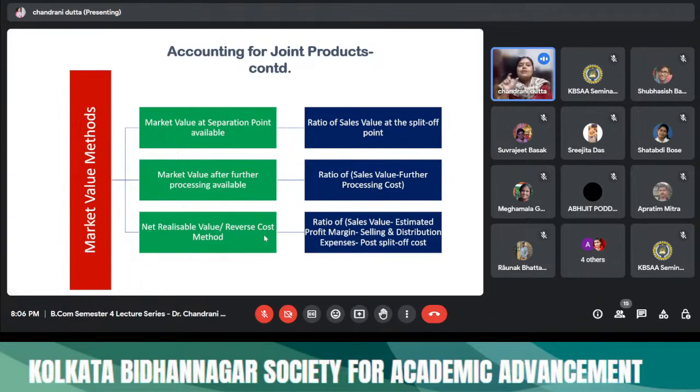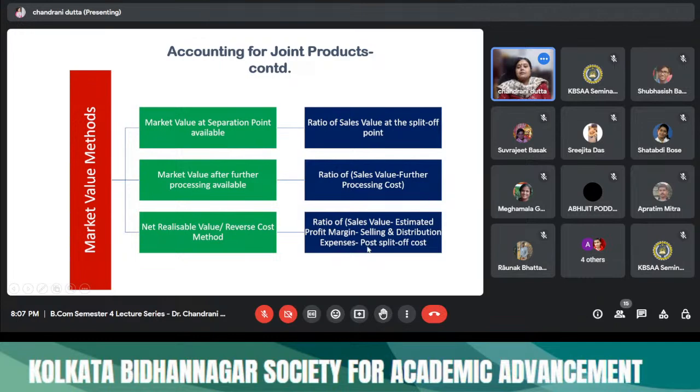Now, this term net realizable value must be familiar to you, because when you did Ind AS 2, valuation of inventory, in your semester 1, you were very much acquainted with net realizable value when you valued inventory. So you have an idea of net realizable value. And the other way we describe it is as a reverse cost method. What does that mean? Here, in a reverse way, I try to reach a value, the net realizable value. So what things am I deducting from the sales value?